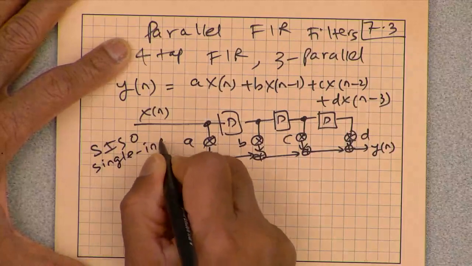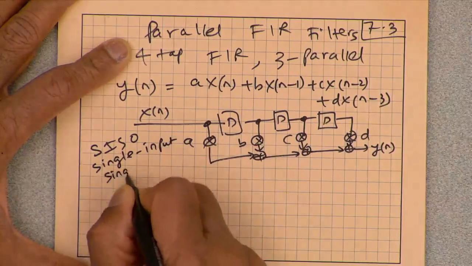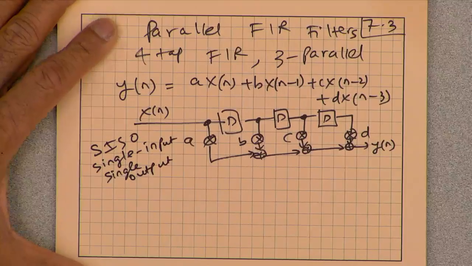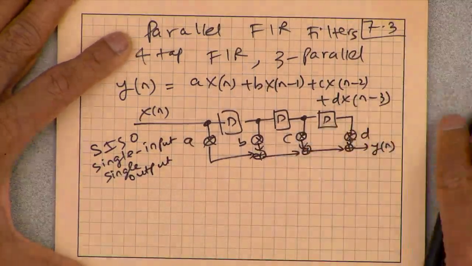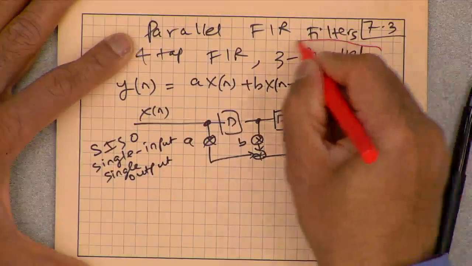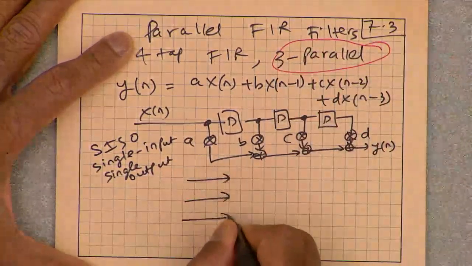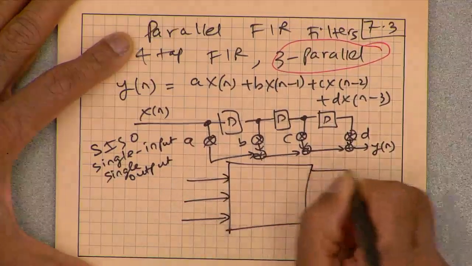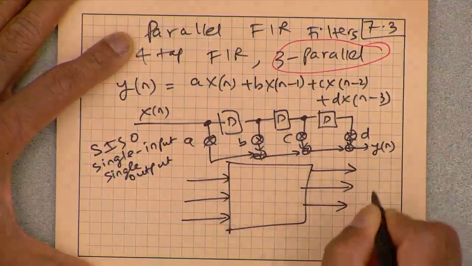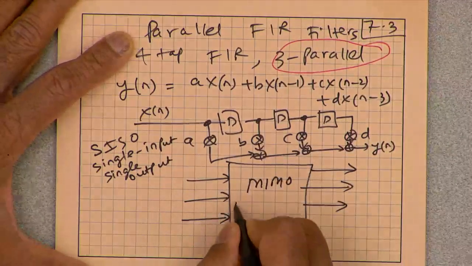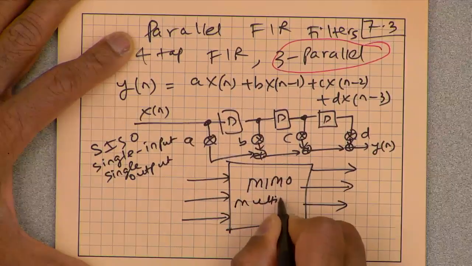We take one input and compute one output. What we are more interested in today, to compute a 3-parallel system, is a system where I can have 3 inputs and generate 3 outputs, which is now a MIMO, or multiple input, multiple output system.